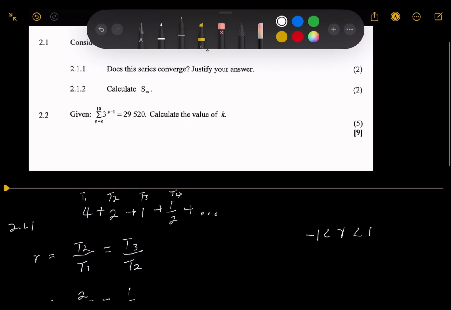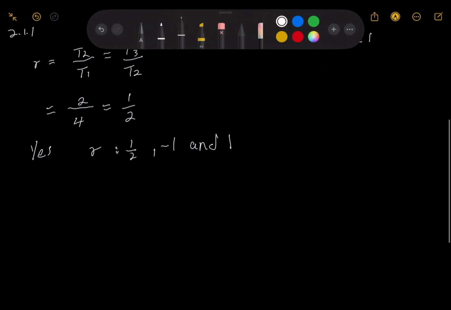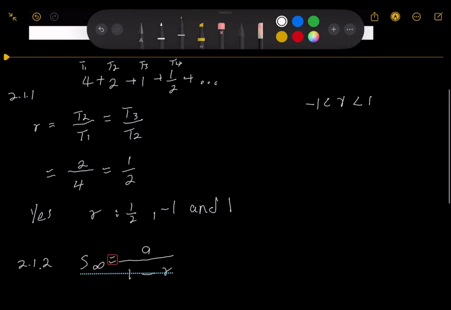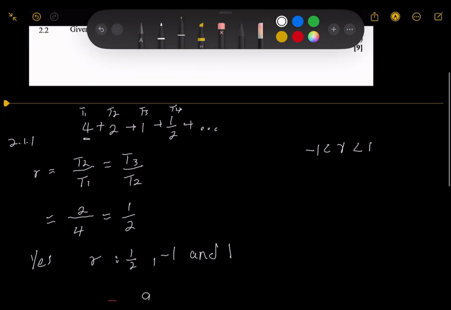Alright, moving on, they are saying calculate the sum to infinity. And we know this, they are going to give you the formula for sum to infinity, which is A over 1 minus R. And we know that A is actually our first term.